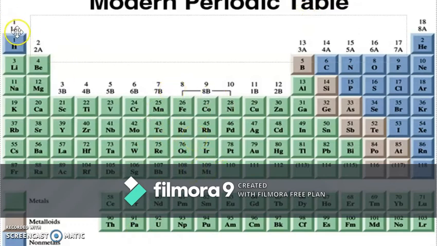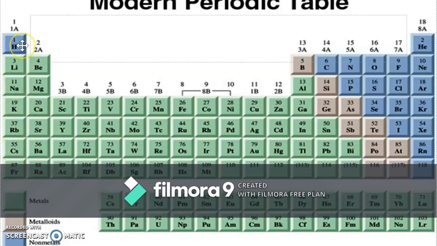So these are the 16 vertical columns, like 1, 2, 3, 4, 5, 6, 7, 8, 9, 10, 11, 12, 13, 14, 15 and 16, and these are the 7 horizontal rows, like 1, 2, 3, 4, 5, 6, 7.